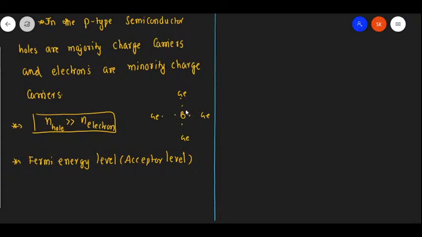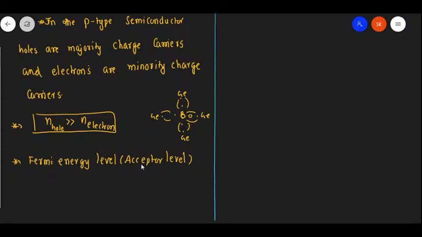The boron has only 3 valency electrons, so one bond is empty. To fulfill this bond, one vacancy is created here, a vacancy for an electron. That means it is ready to accept one electron. That's why it is called the acceptor level.